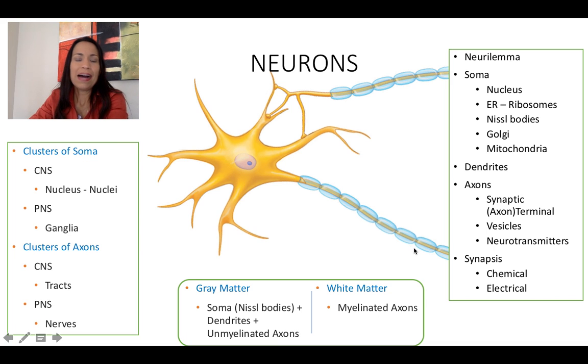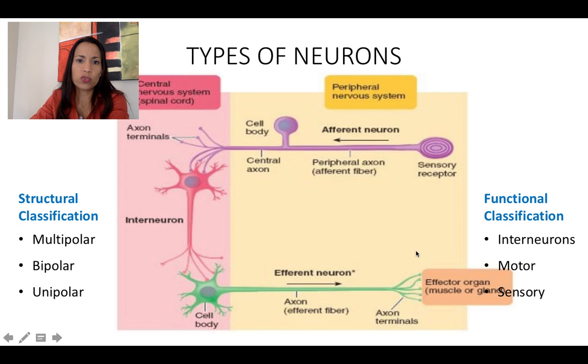Okay, one more thing that I wanted to talk about neurons is the classification of neurons. Not all of them look like the neuron that I just showed you, which is the multipolar neuron. We have two classifications: a structural classification based on the way they look, and a functional classification based on their function.